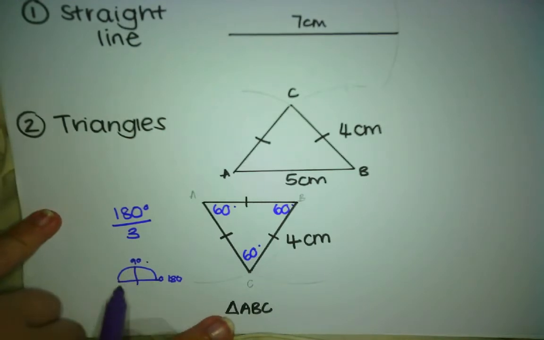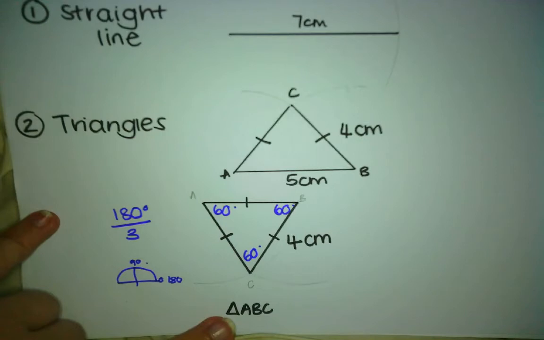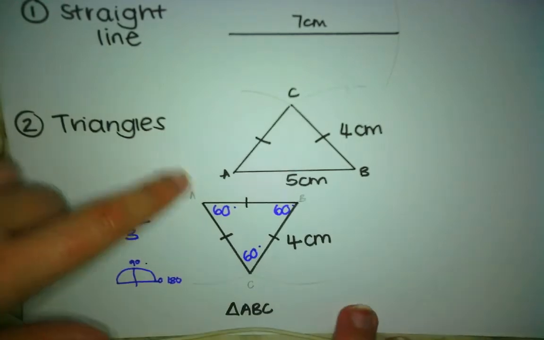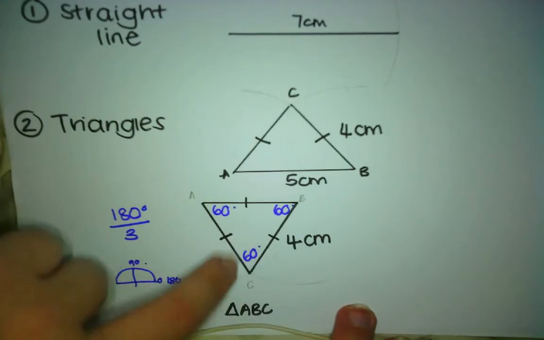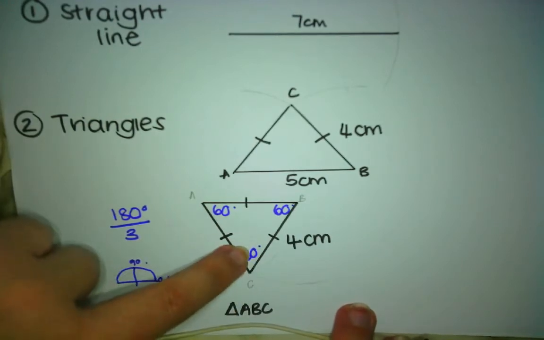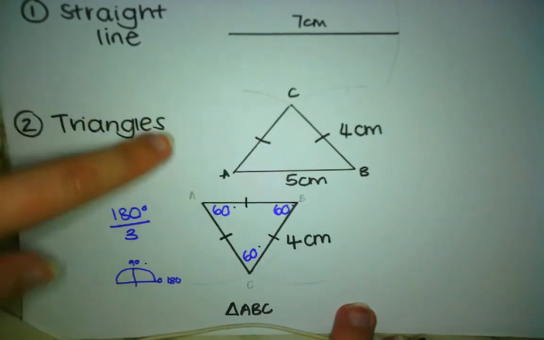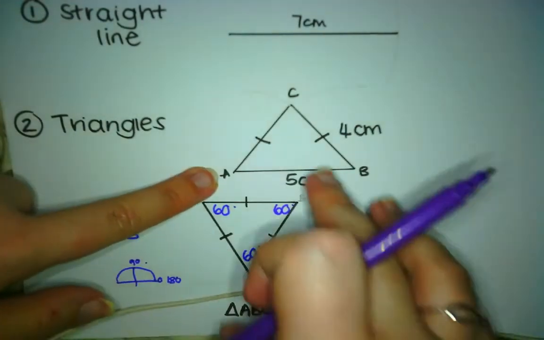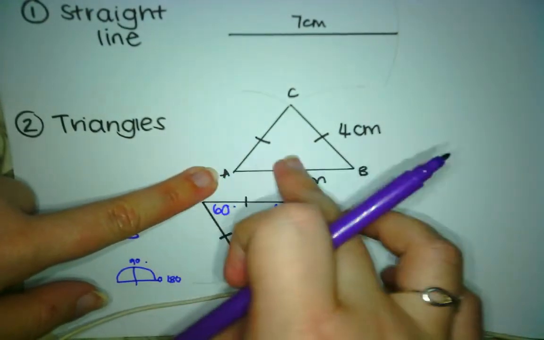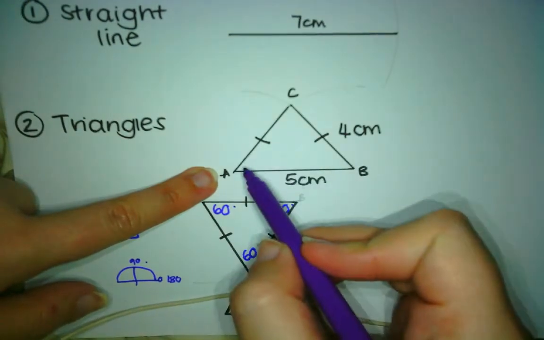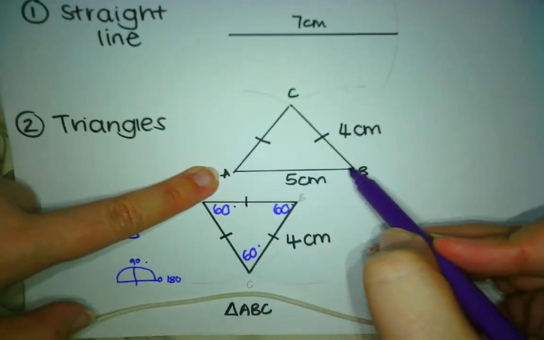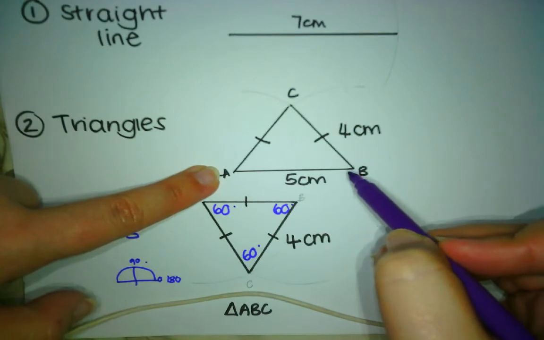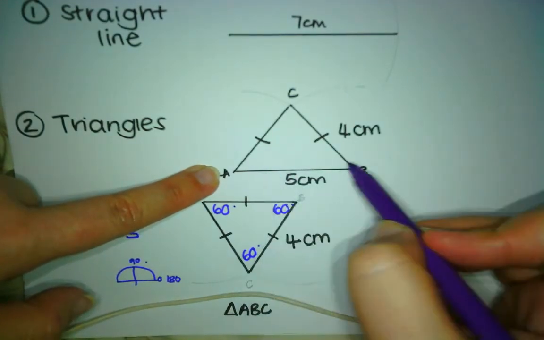If you put that and match it to this angle here, you should get something around 60 degrees. The same thing here at A: this angle will be very, very similar. It might be a few degrees off, but it's going to be very similar to each other.